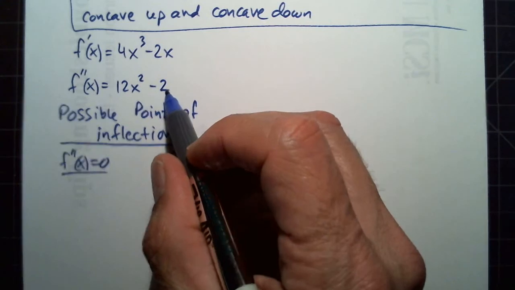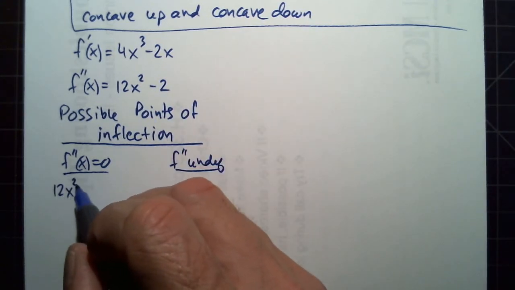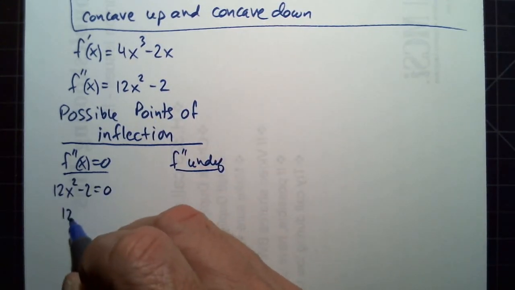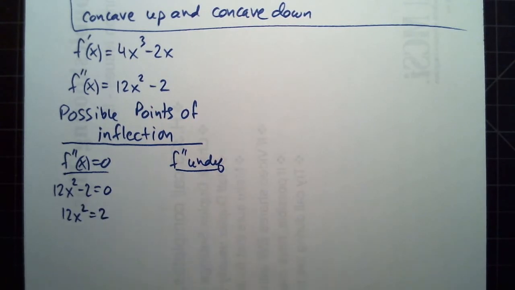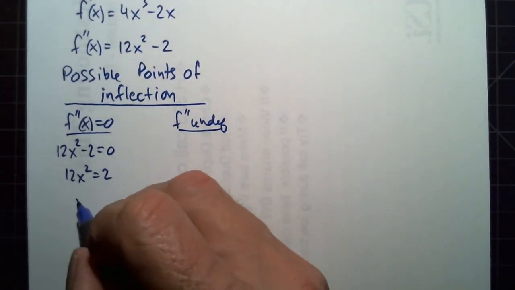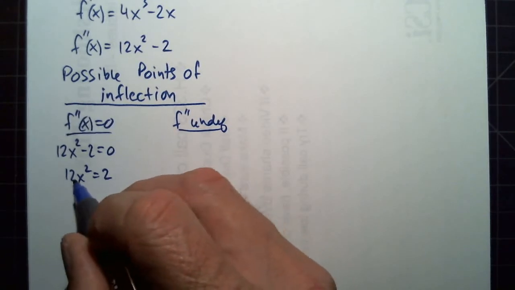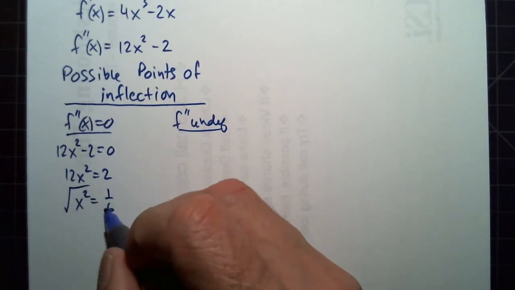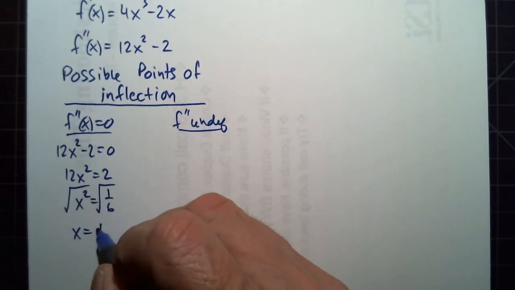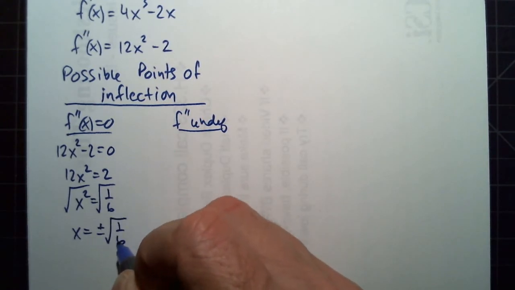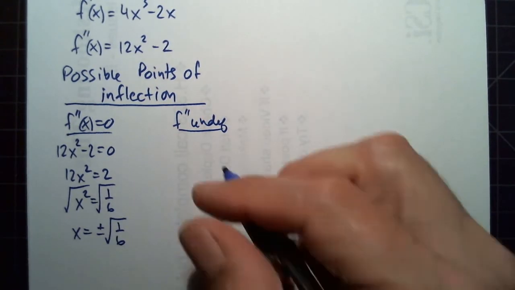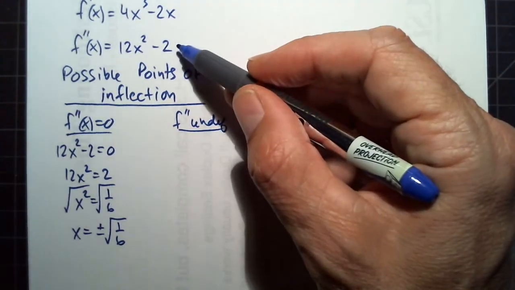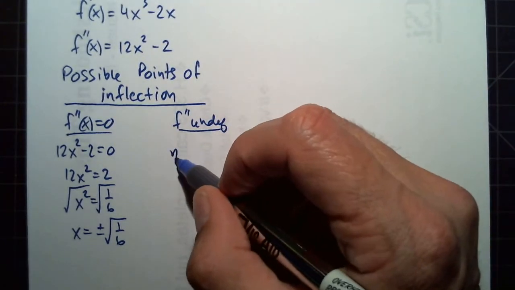So we take the second derivative and set it equal to 0, and we have 2 divided by 12, which is 1/6, square root. So x is positive or negative square root of 1/6. And the second derivative is a polynomial, so it's never undefined.